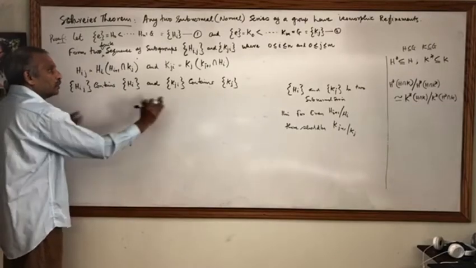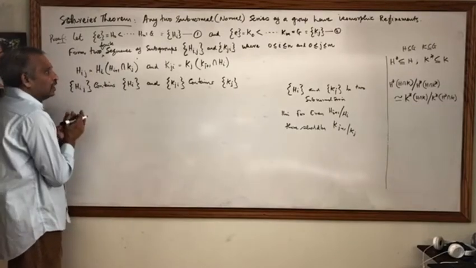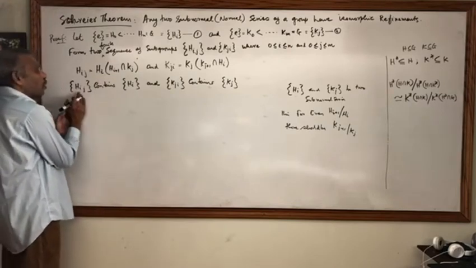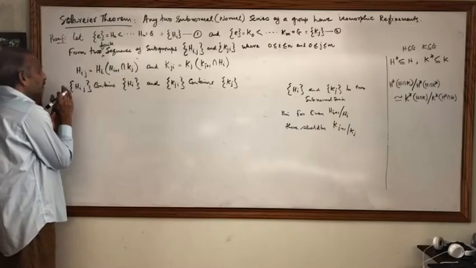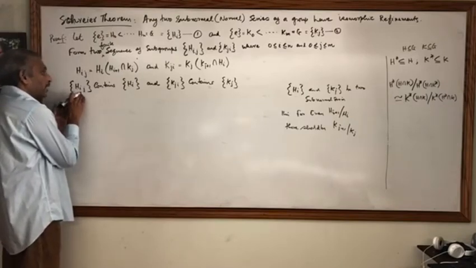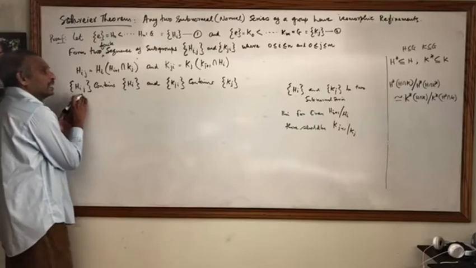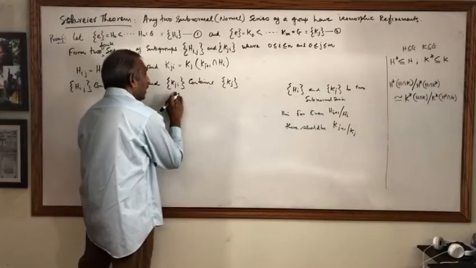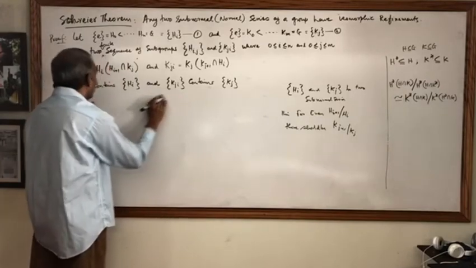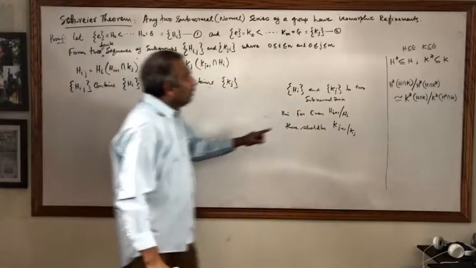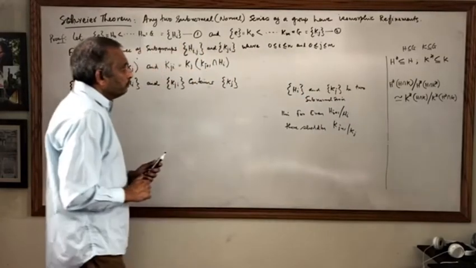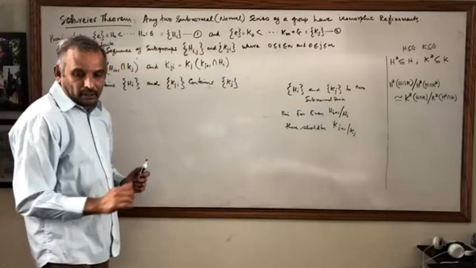So we'll remove the duplication and we arrive at the result. So the idea is to show that for a factor group in this sequence, there is an isomorphic factor group here. And for that only, we are going to use the butterfly lemma.